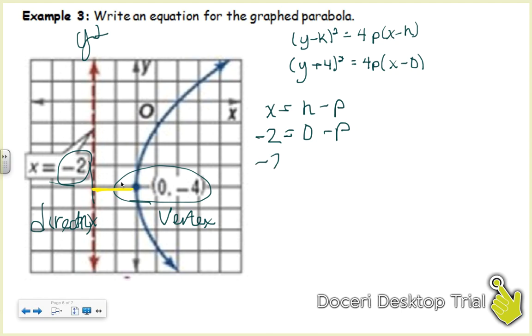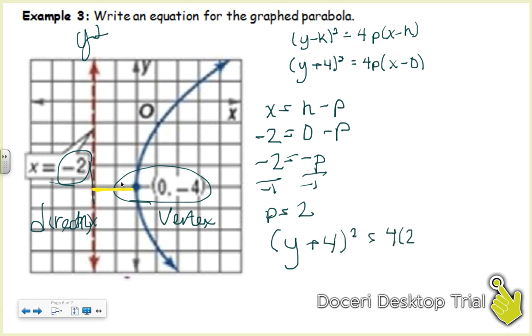So I don't need to move anybody. My p-value gives me a +2. So my equation would be that.